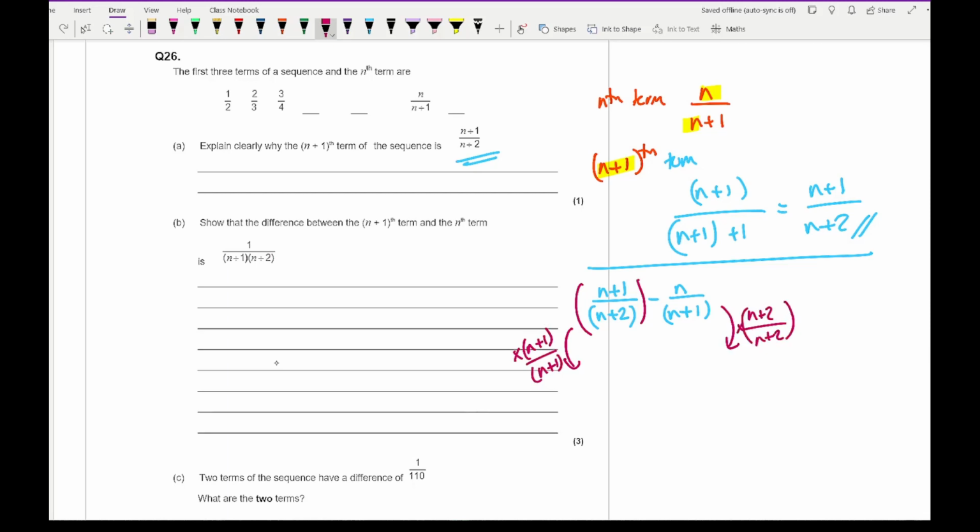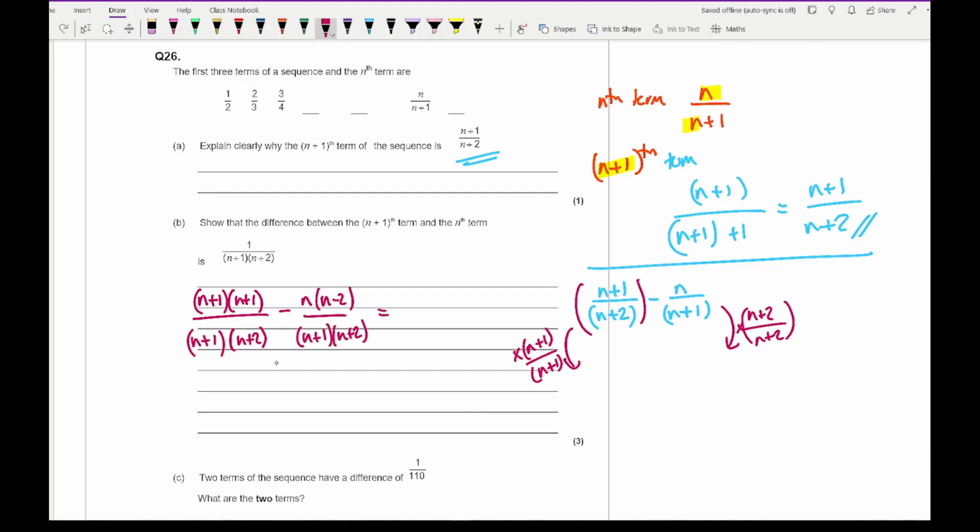Now if I do that, my first numerator is going to be n plus 1 squared over n plus 1 n plus 2, and then minus n squared plus 2n over n plus 1 n plus 2.